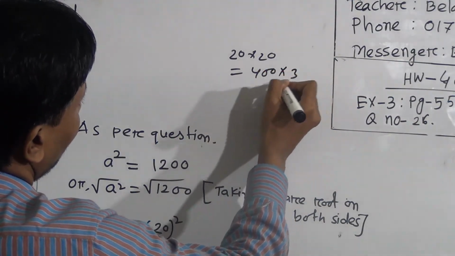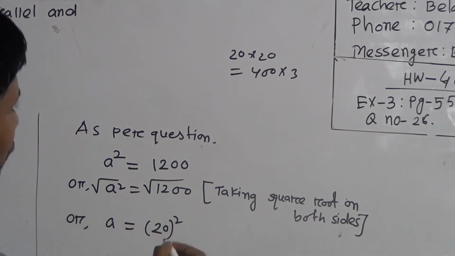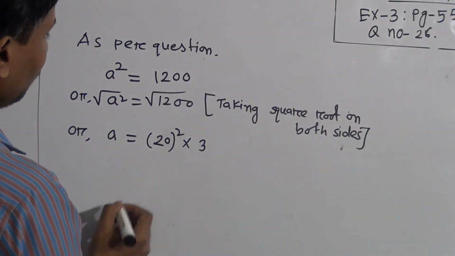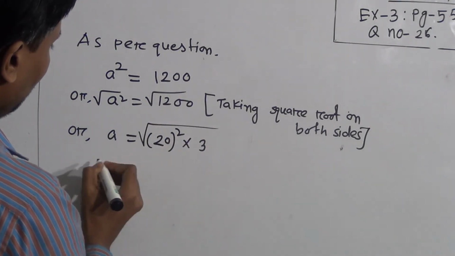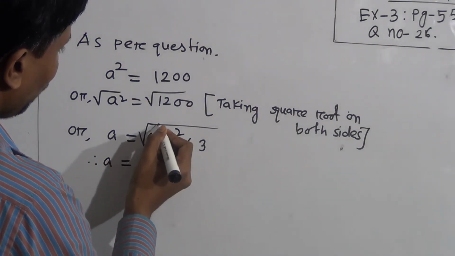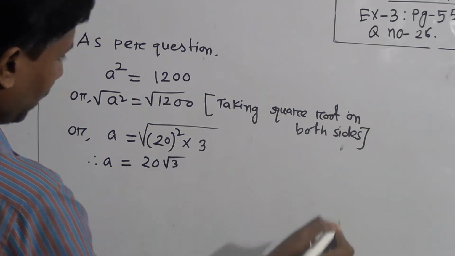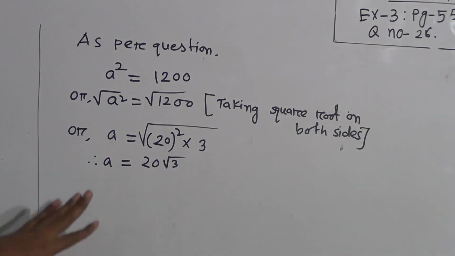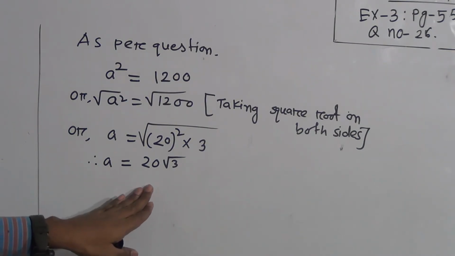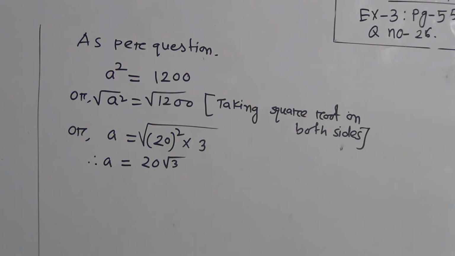And if you multiply by 3, then this will be 1200. So write here 3. Okay, a equals what? Square and root vanish, and root 3 is remaining. That means the length of one side of the square is a equal to 20 root 3 meter.